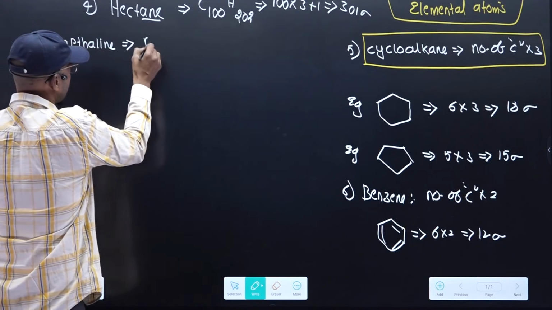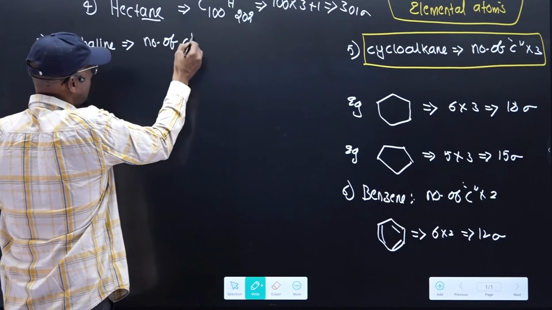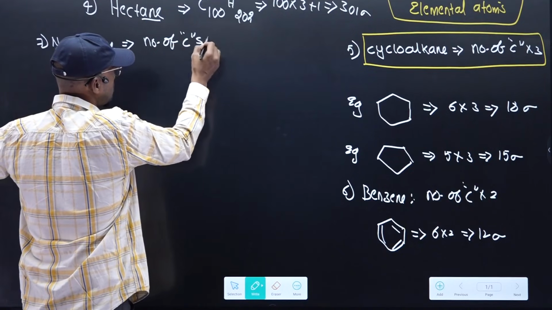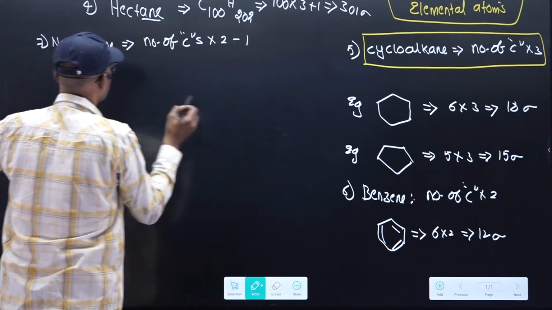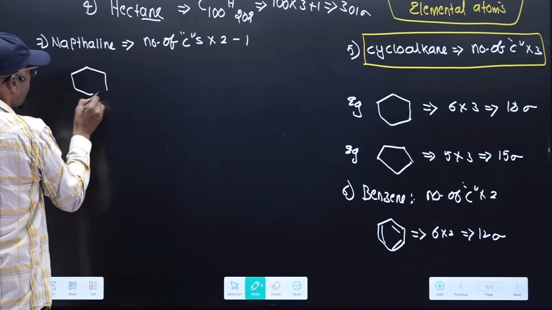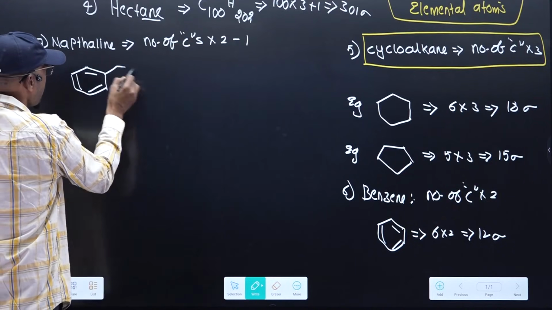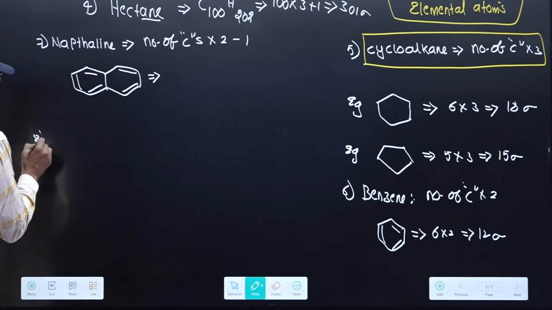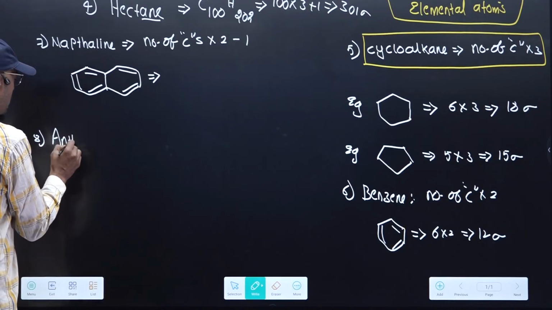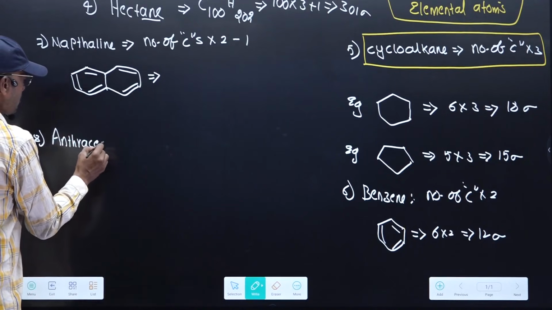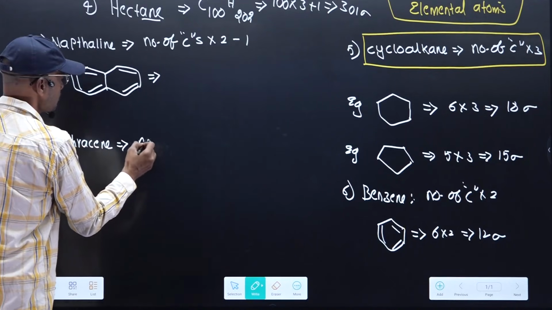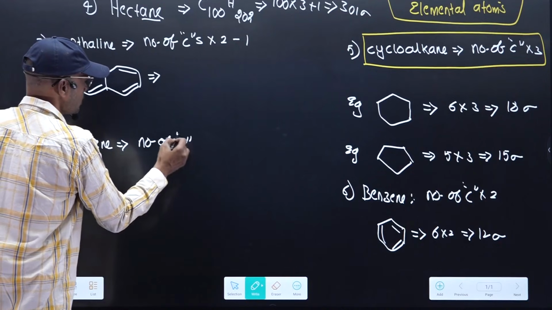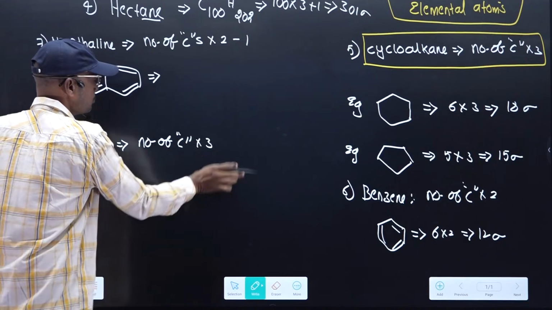Naphthalene: number of carbons multiply with 2 minus 1. Anthracene: number of carbons multiply with 2 minus 2.